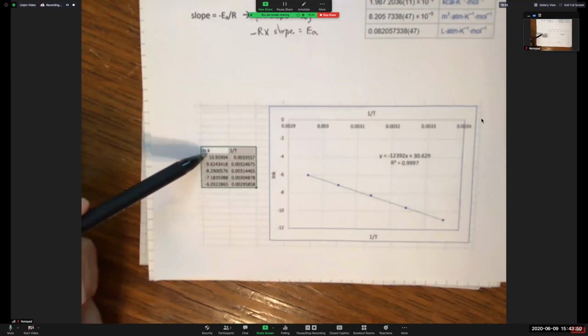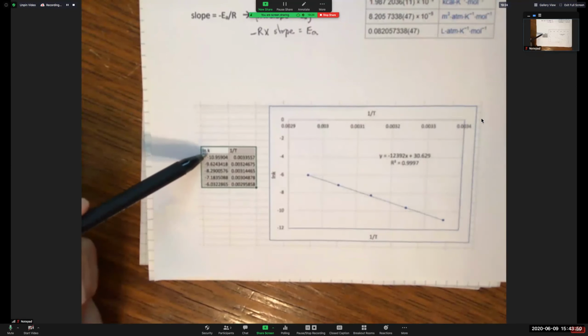So the slope is minus 12,392. I'm going to write that up here. So we're going to find our activation energy here. So we have minus R, and the R we're going to use is the gas constant. If you look at the table up here, this is the one we use because the temperature is in Kelvin, and our answer will be in joules per mole.